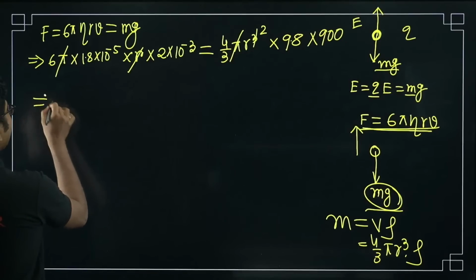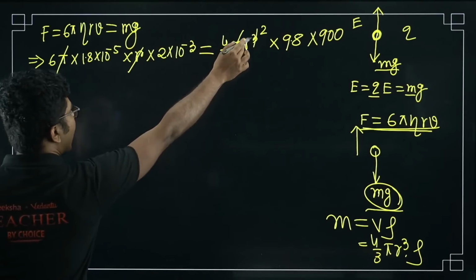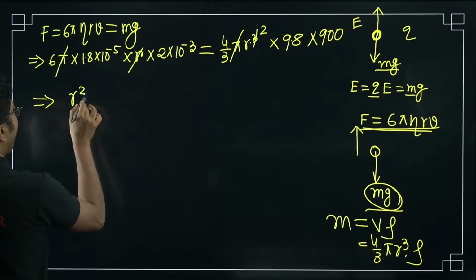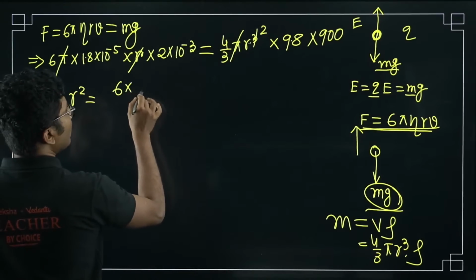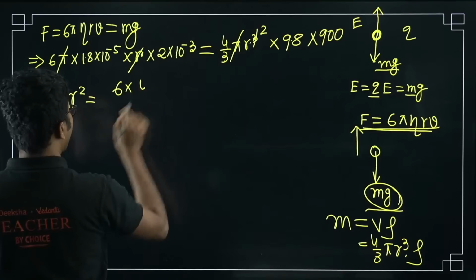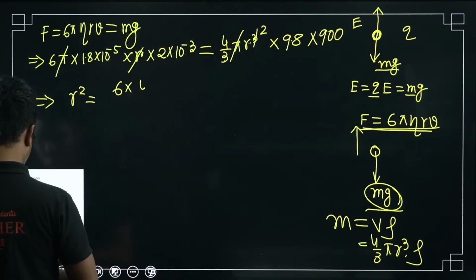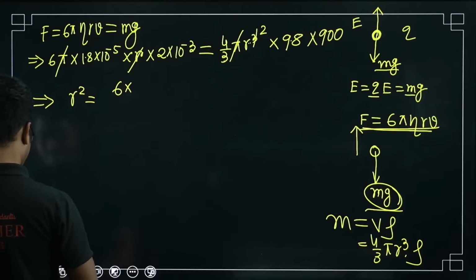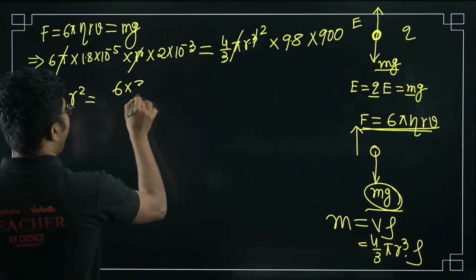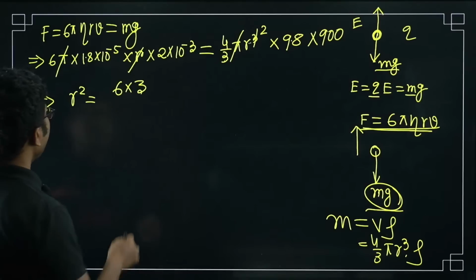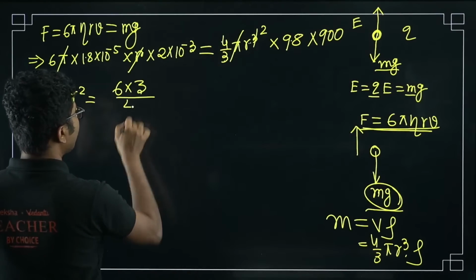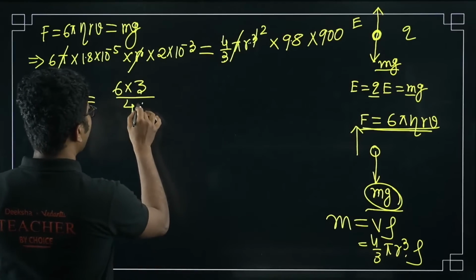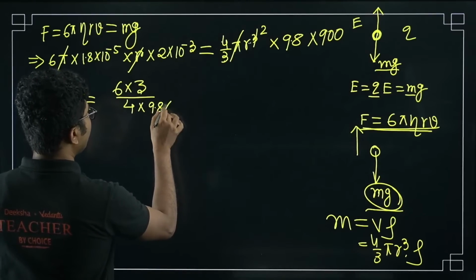So we get r square equals 6 into 3, divided by 4 into 9.8 into 900.